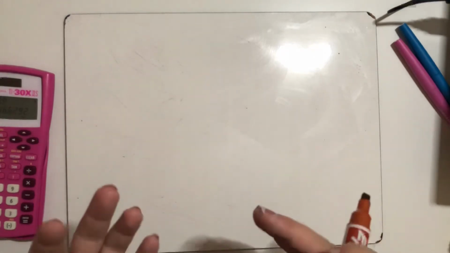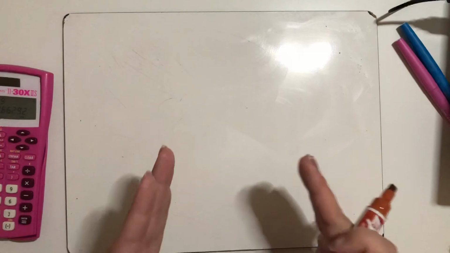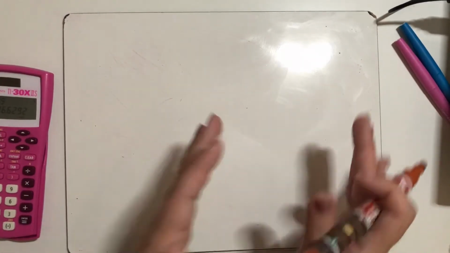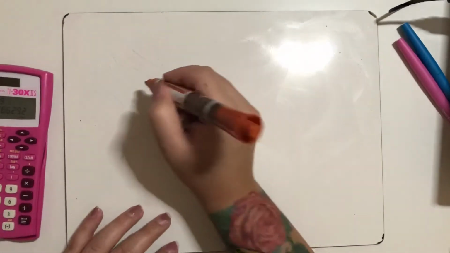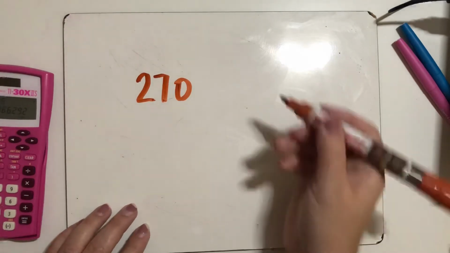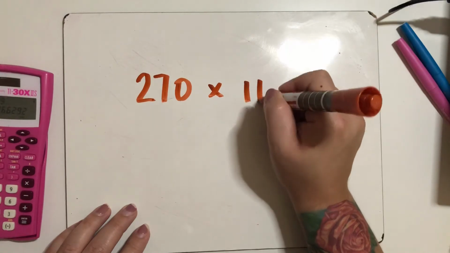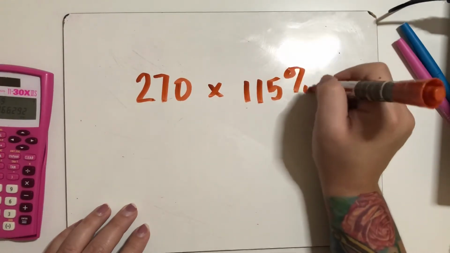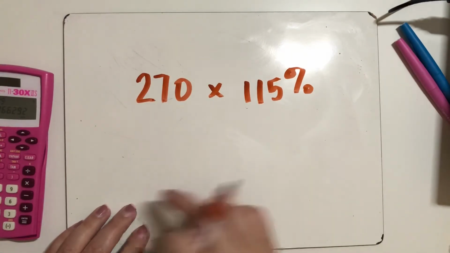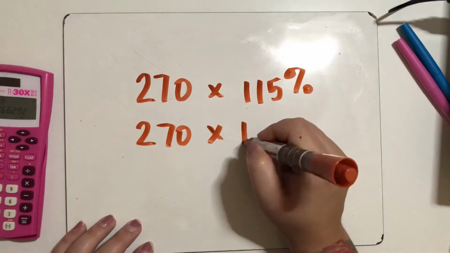Now, first we have to find what that amount of change was. We already know what the percent is. I'm going to multiply that by my original amount. So I'm going to take the original amount of grizzlies, which was 270, and multiply that by the 115%. Again, I'm going to change that percent to a decimal so that I can multiply it easier. So it's 270 times 1.15.